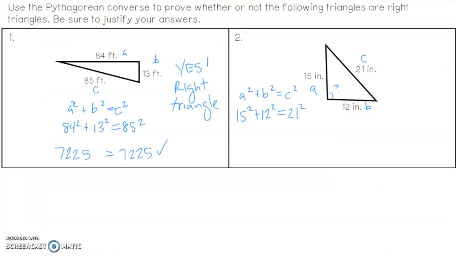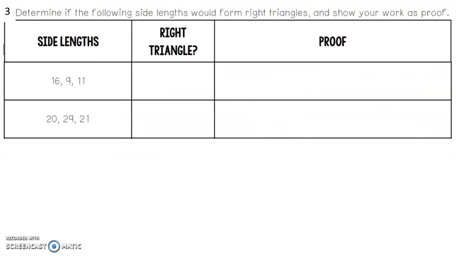So that's not a right triangle because 369 does not equal 441. Slashing that equal sign tells us that it's not equal. So no, this is not a right triangle, because for it to be a right triangle, the Pythagorean theorem should be true. That's all we're doing, is proving that measurements are or are not a right triangle.